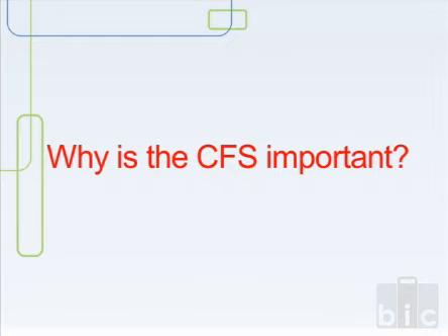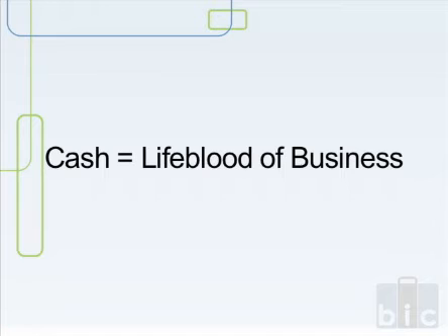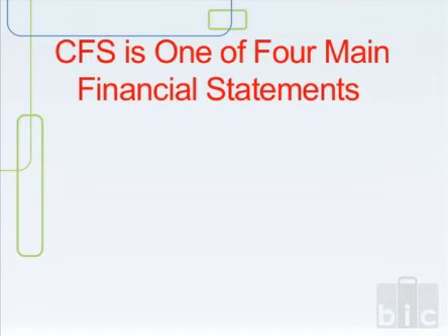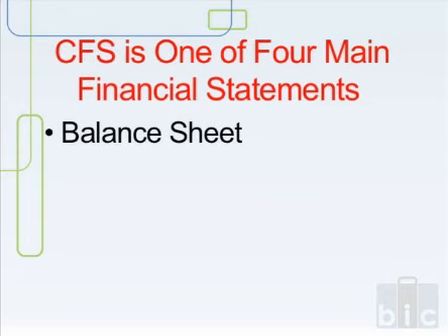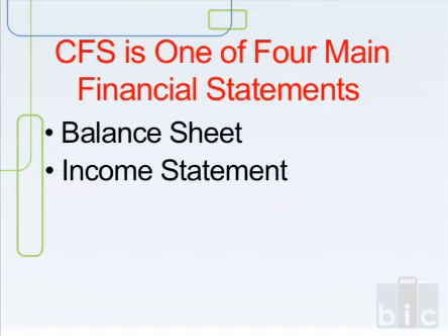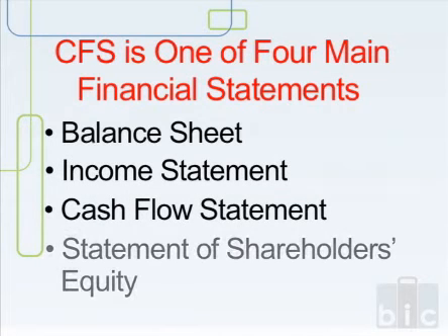Why is the cash flow statement important? Because cash is the lifeblood of your business, and the cash flow statement helps you understand where money is coming from and where it is being spent. It also alerts you to when a cash flow problem may be coming. The cash flow statement is one of the four main financial statements, which are balance sheet, income statement, cash flow statement, statement of shareholders' equity.